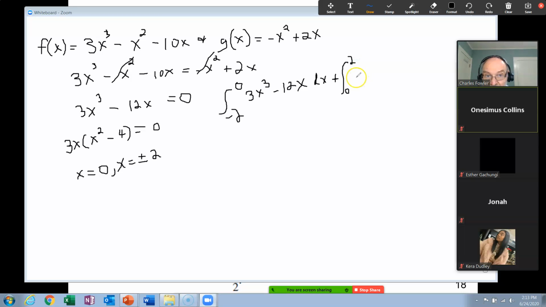With the g on top, you're going to have a minus x squared minus a minus x squared, which is plus, that's going away, and then you're going to have a 2x minus 3x cubed, and 2x minus a minus, that would be plus 12x.